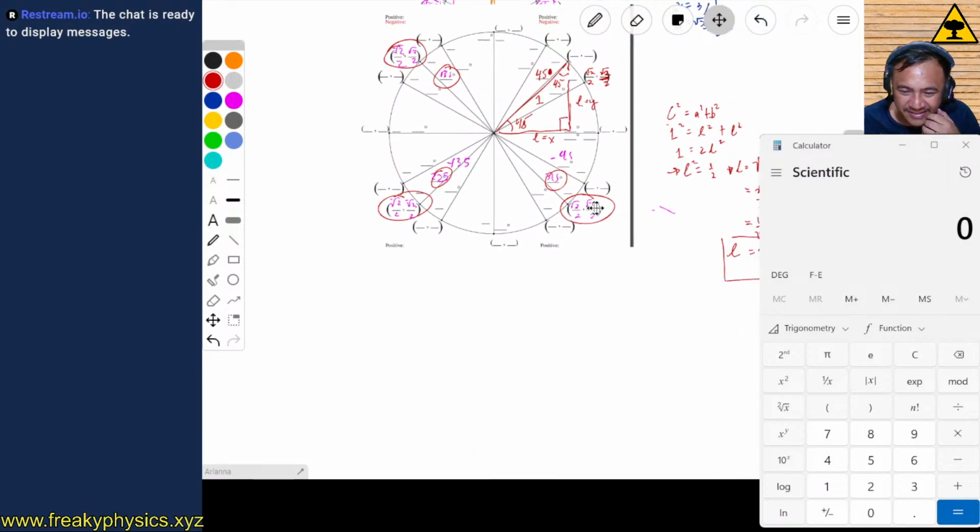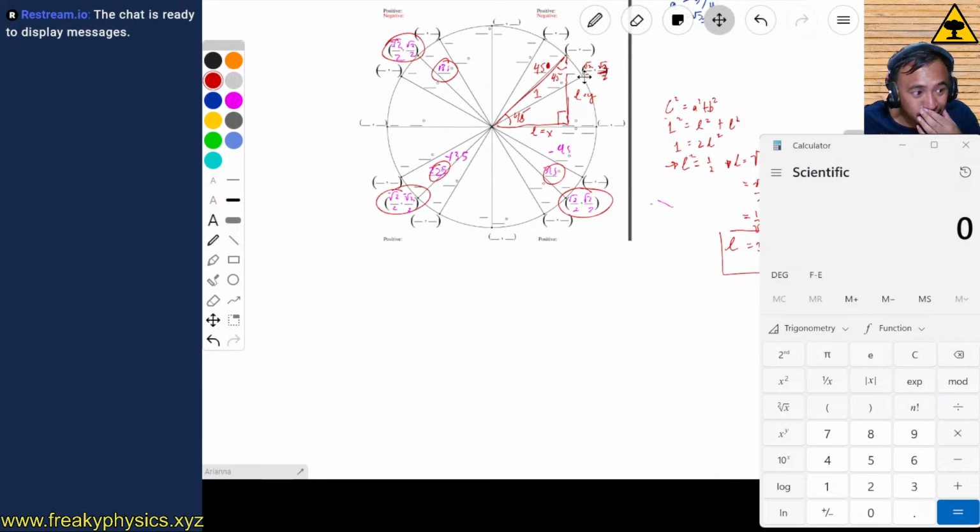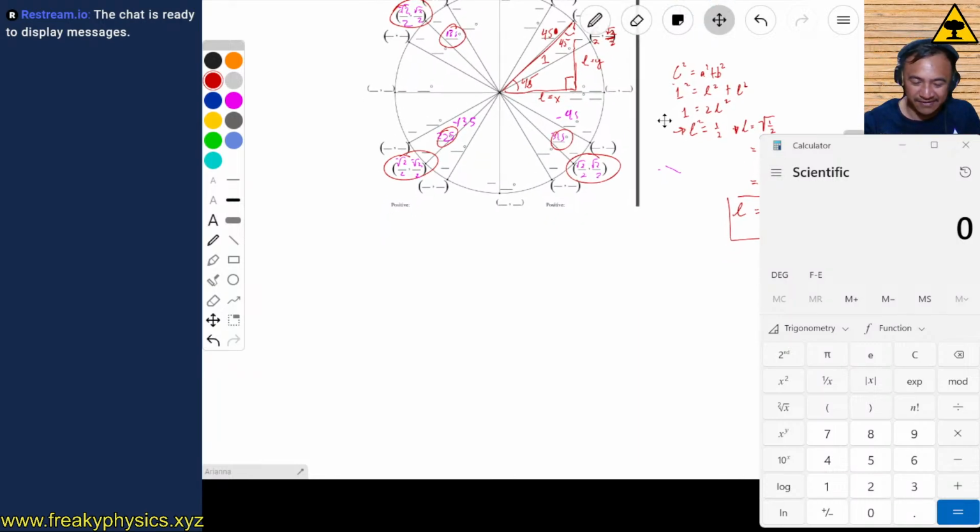Now, let's summarize this first before we look at certain patterns. We can summarize the results and then try to see patterns in order for us to understand it better. And then we also look for other patterns for us to see certain relationships between the different trigonometric functions. Let's take a look at this first. I'm going to make a table, summarizing the results.